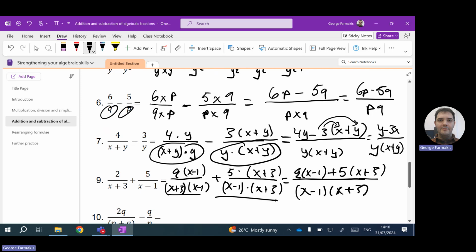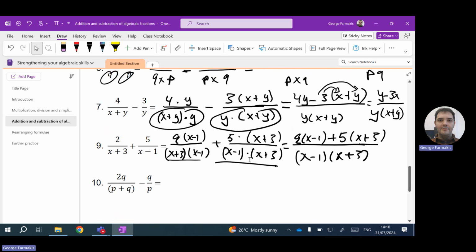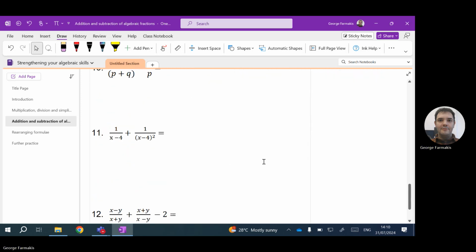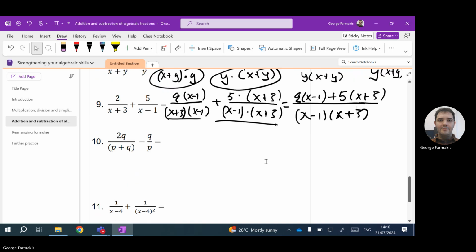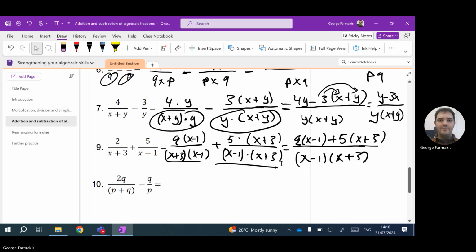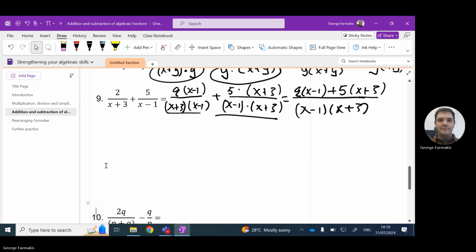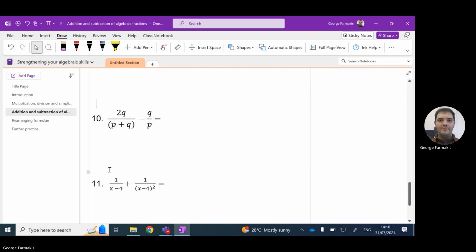You can expand the brackets. So let's expand the brackets. Let me make some space.